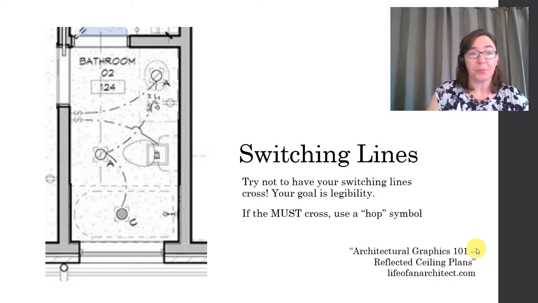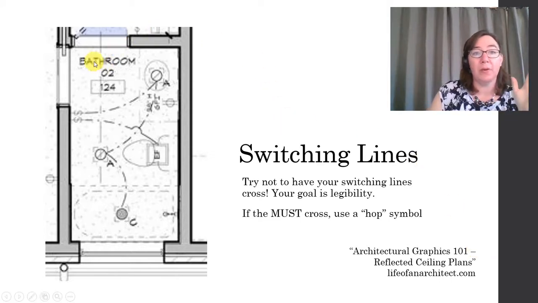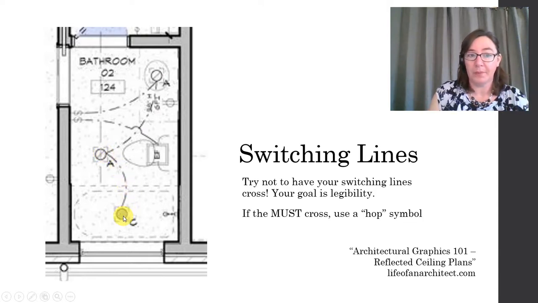But here's an example. We've blown up this bathroom design, and as you walk into the bathroom door, here are two switches ganged together. This one connects to, let's see, looks like a luminaire over the sink, and then a luminaire in the center of the room, and then one over the bathtub.